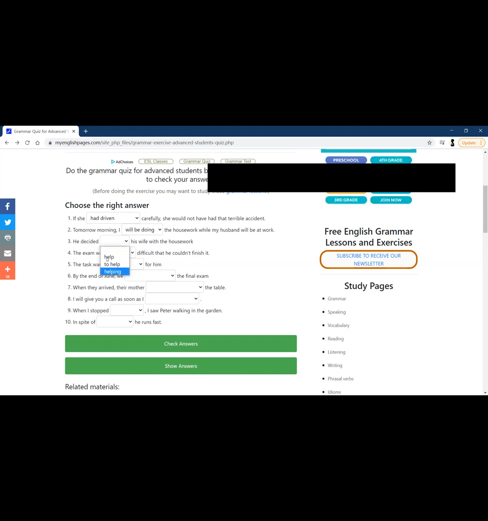Here is a real examination of that. So here, as I said before, just recall what I said. Decided should be followed with to do something. So it should be he decided to help his wife with the housework.